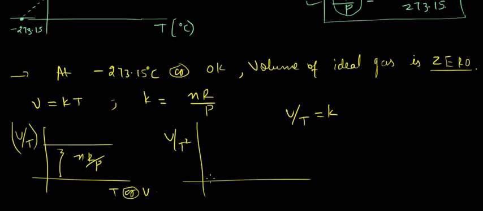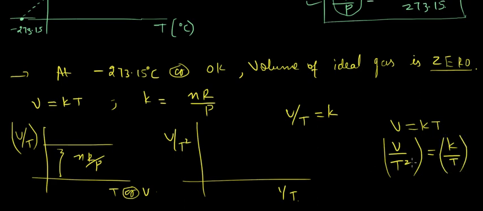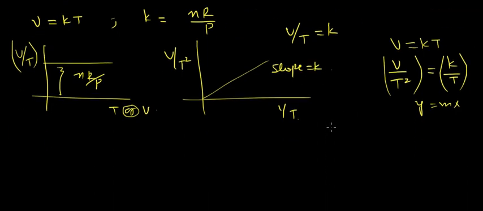What would be the nature of the graph between V by T square and 1 by T? We know that V equals KT. Just divide both sides by T square, so this becomes Y and this becomes K by T. So this is y equals mx, a straight line, and again the slope would be equal to K. Let's discuss another graph between VT and T square.